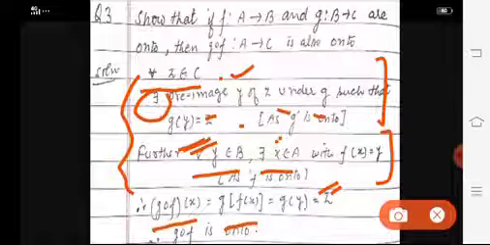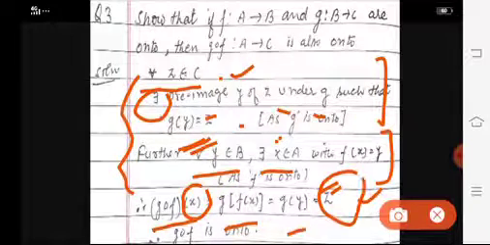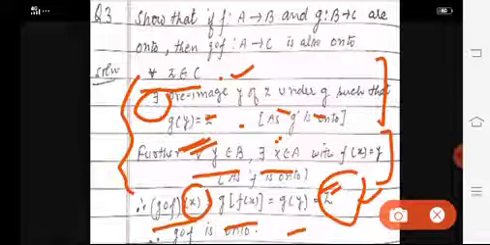In place of f(x) you may write y, and g(y) equals z. It means that corresponding to every element in set A, we are getting a unique element in set C. So we can say that if f and g are onto functions, then g∘f is also an onto function.